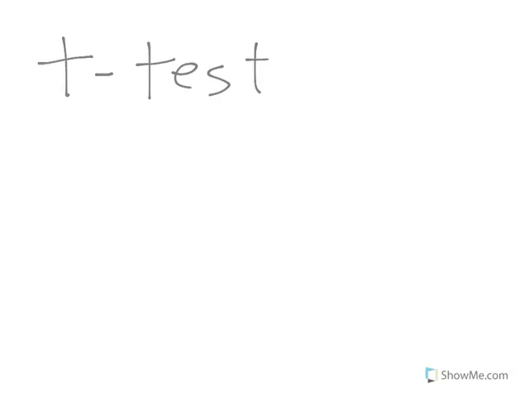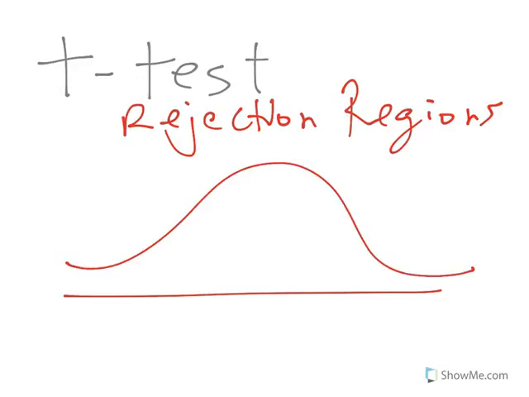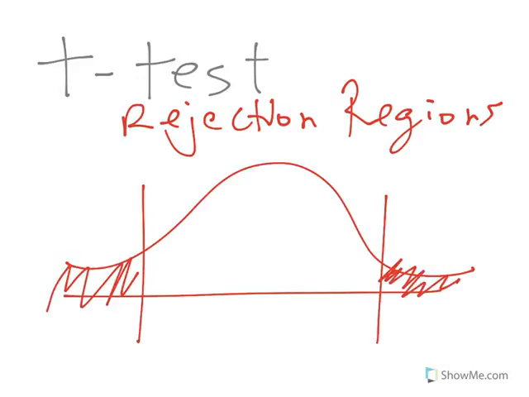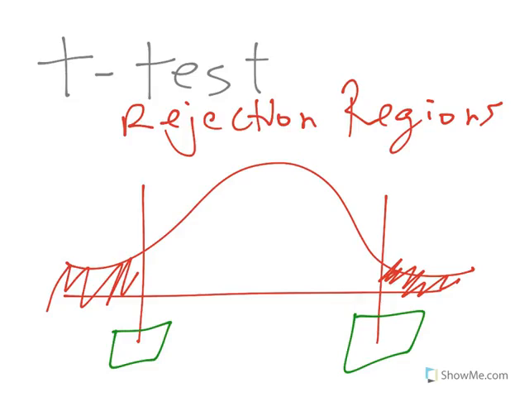So the first thing we need to do is find our rejection regions. So when we're looking at this, here are my rejection regions I just colored in. What are my critical values, positive, negative? I know it's two-tailed because our alternative hypothesis is the not equal to. So that gives me a two-tailed test.